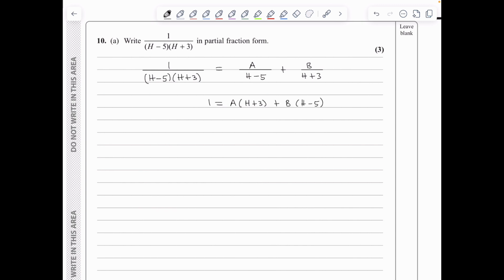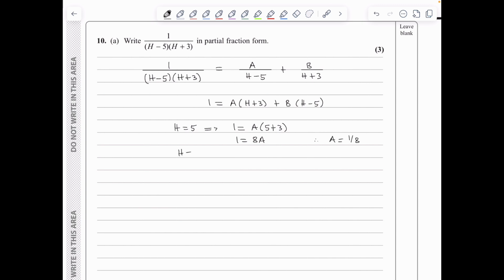Now what we are looking at is an identity, which means it holds true for all values of h. I will put h to be 5 because this will eliminate this part here and will allow me to recover the value of a. So when h is equal to 5, we get that 1 is equal to a times 5 plus 3. So 1 is equal to 8a, and therefore we conclude that a is 1 over 8.